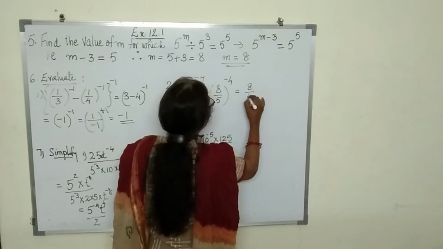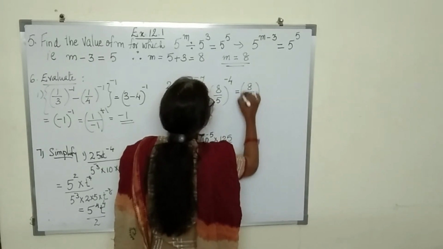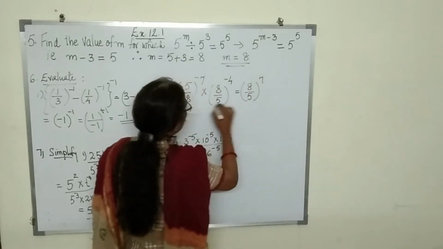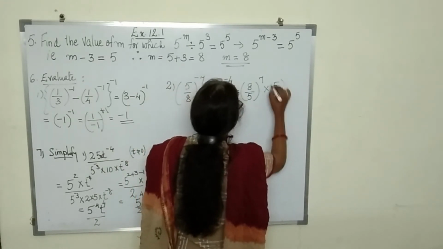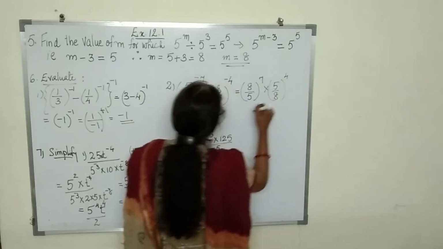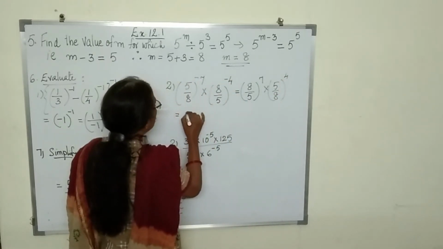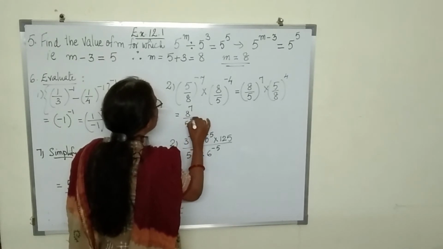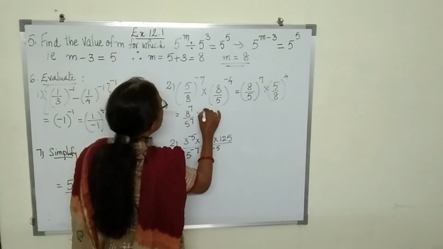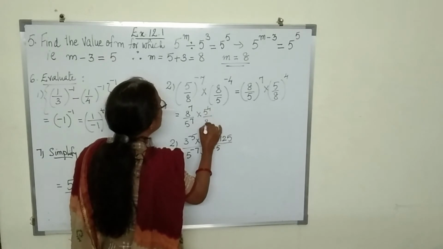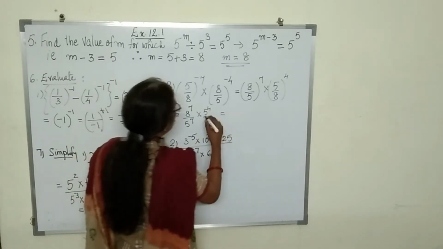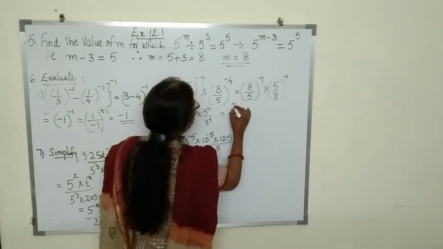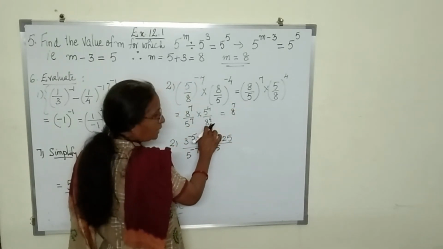So (8/5)^7 into (5/8)^4. Now 8^7 upon 5^7 into 5^4 upon 8^4. Take the similar terms, that is 8^7 upon 8^4.